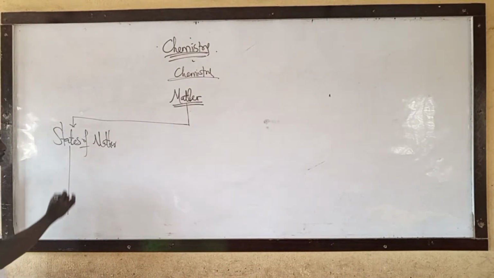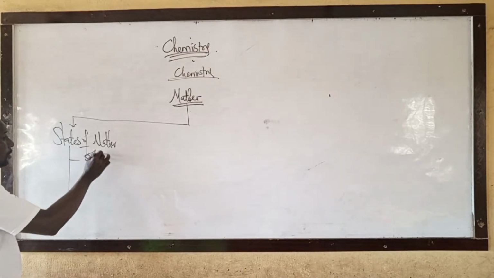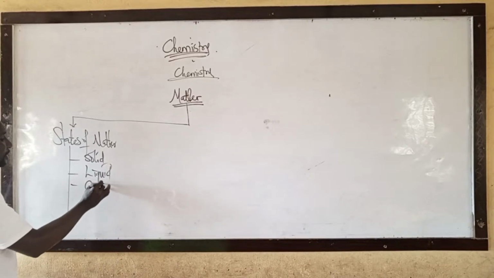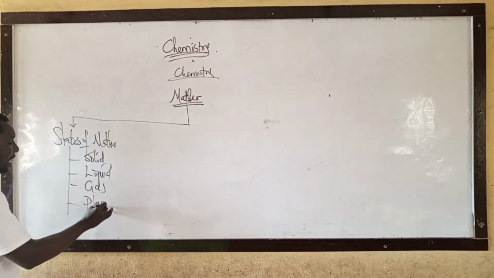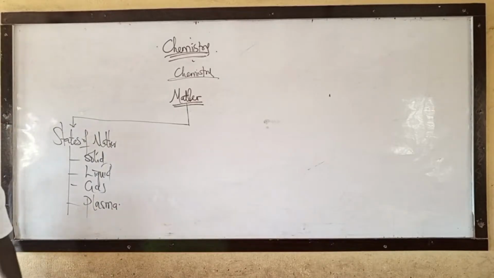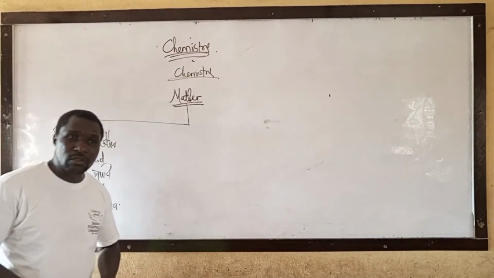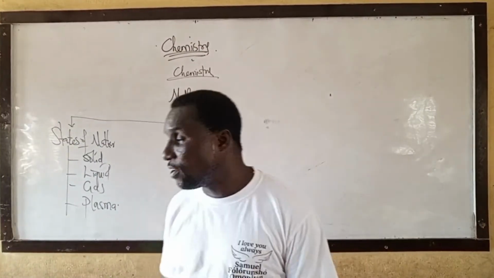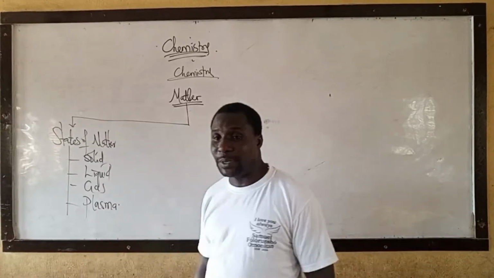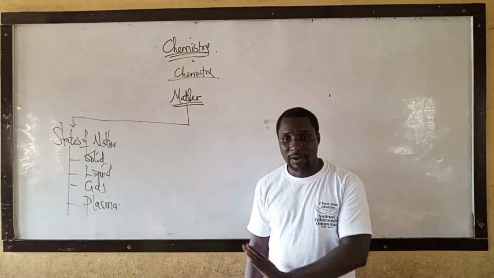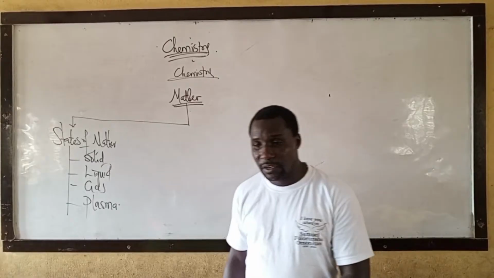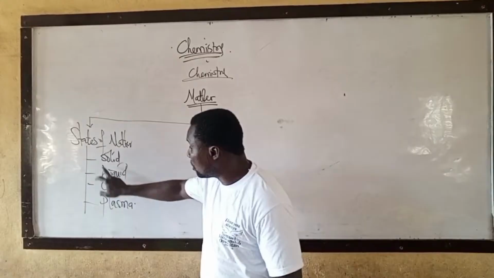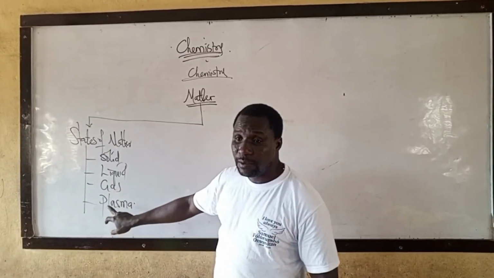Where we have solid, liquid, gas, plasma. Then we have Bose-Einstein condensate. Let me leave that one for you at this moment. But take note of this. We have state of matter: solid, liquid, gas, plasma.